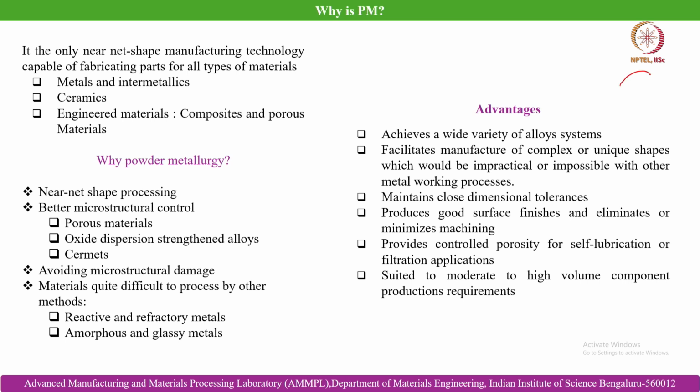For example, if you talk about this tooth gear, you can effectively manufacture it by the powder metallurgical route, whereas otherwise it needs to be machined by gear hobbing or milling, which can become highly expensive. So we are talking about a micro gear which can be easily manufactured by the PM route.